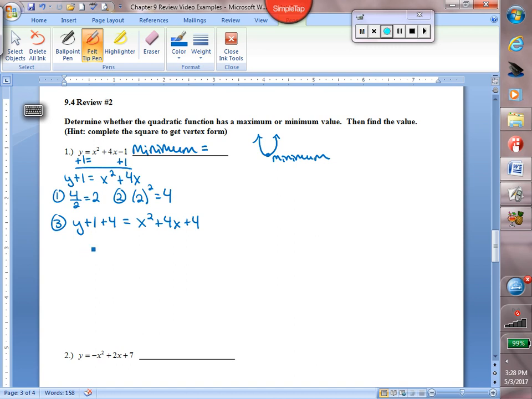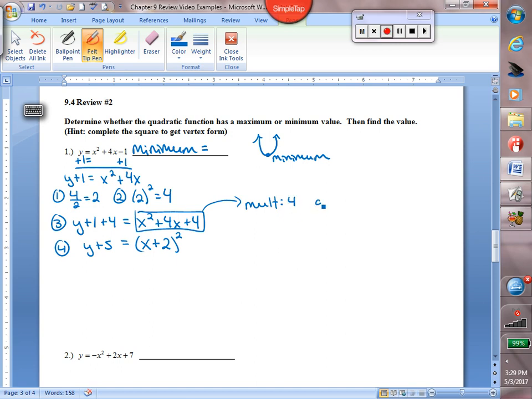On the left-hand side, we're going to simplify that to y plus 5. Over on the right side, this is where we need to factor, and we get our square. x is our variable. b divided by 2 is positive 2. Again, if you don't like the shortcut with the factoring, if that confuses you, you can do our factoring process that we did last unit and also in Chapter 7.